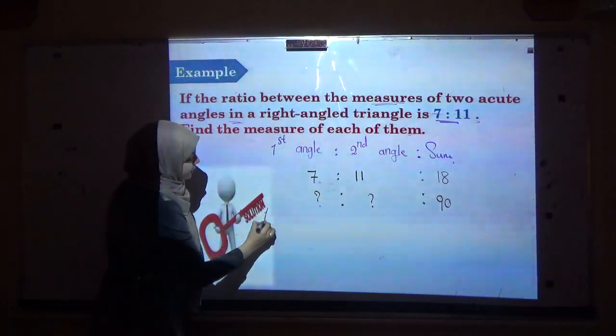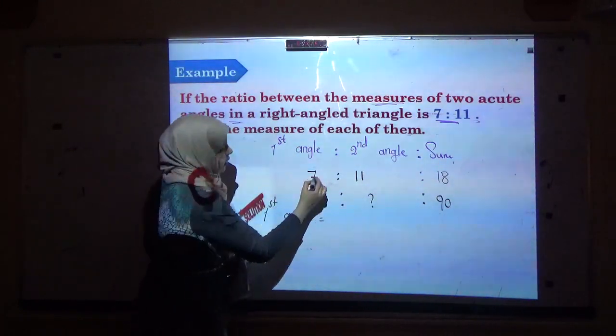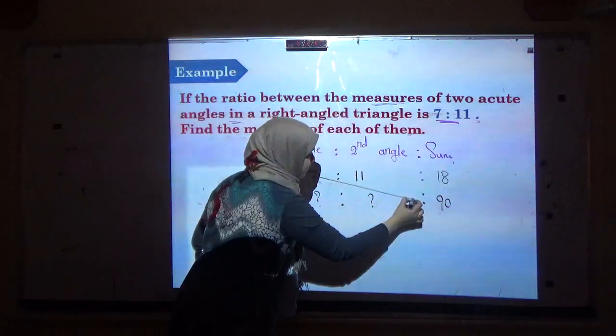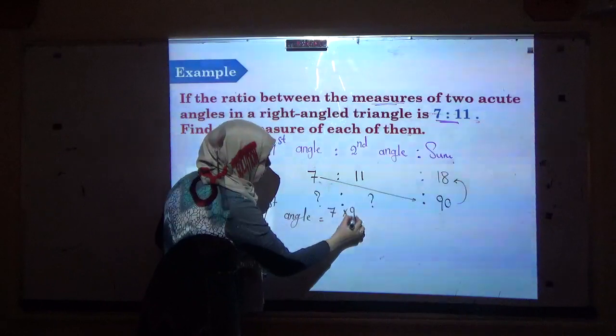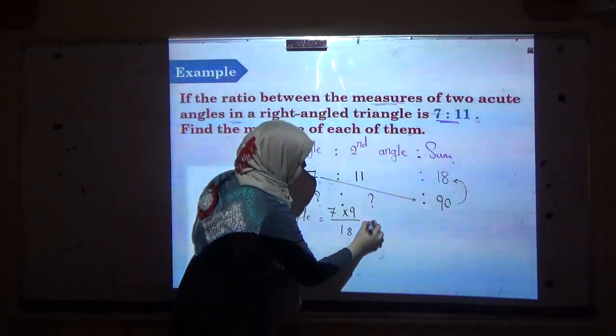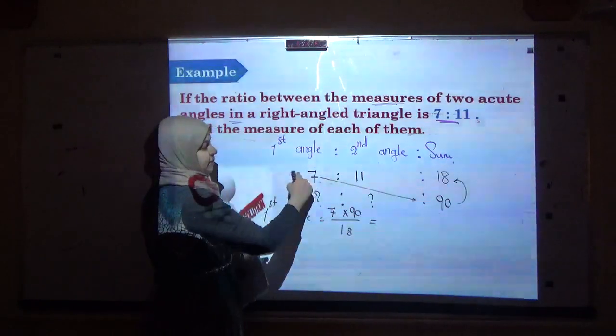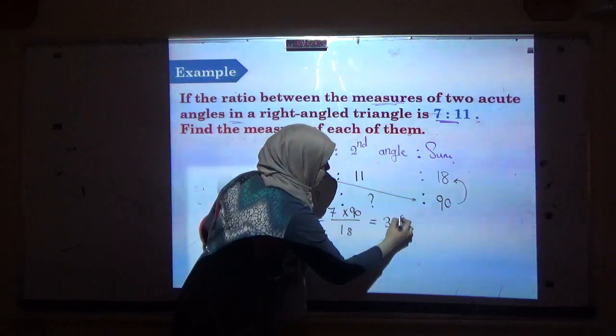First angle equals, make cross multiplication, 7 multiply 90 divide 18 equals 35 degrees.